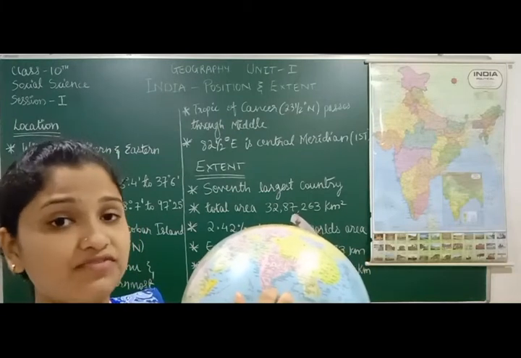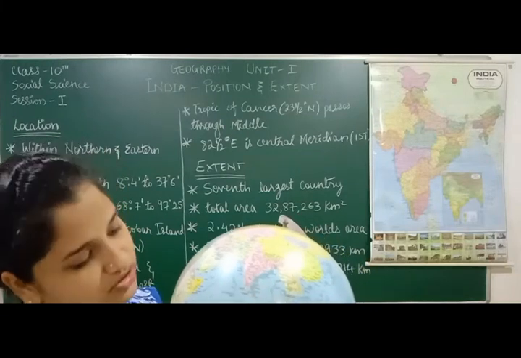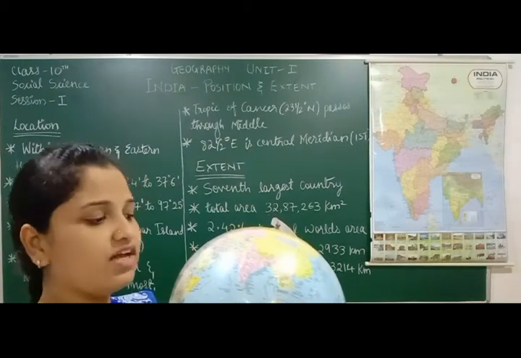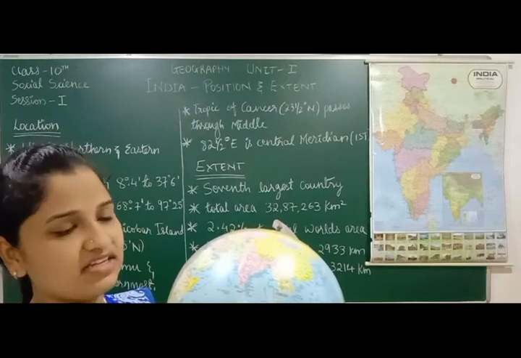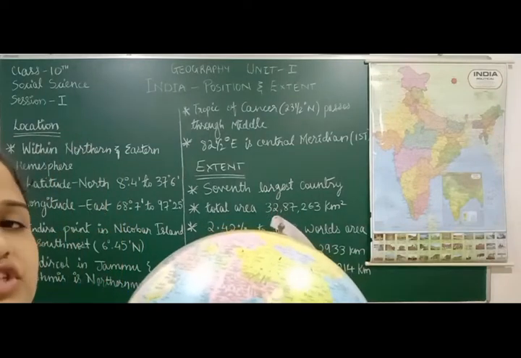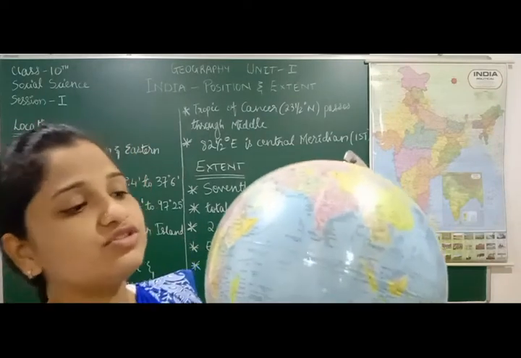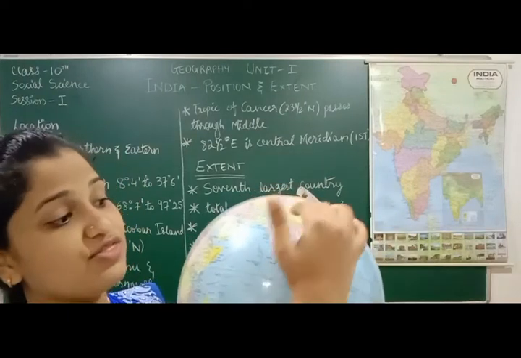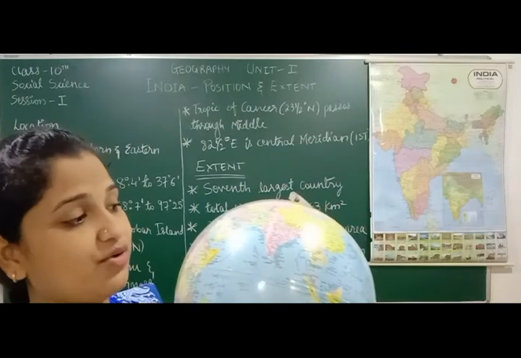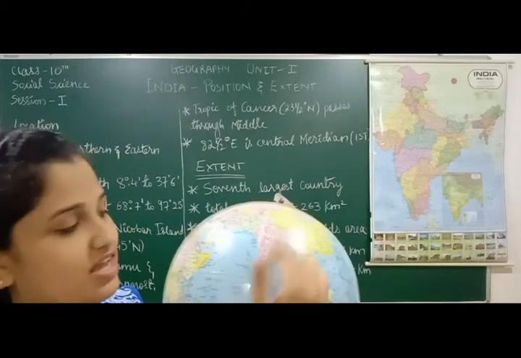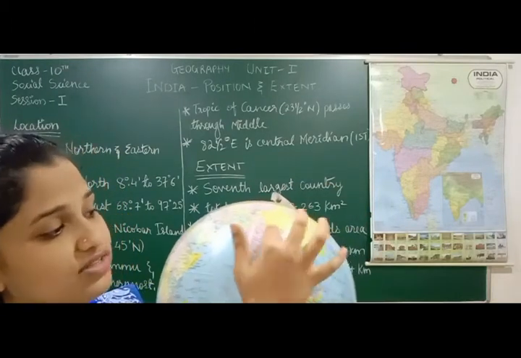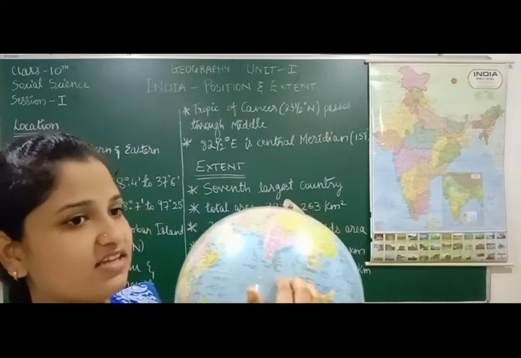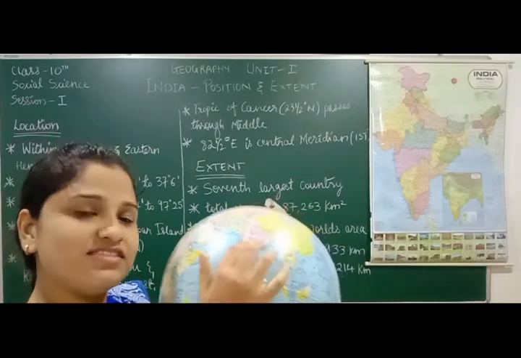So where are we? We are on the eastern side. Also, is it north or south? Are we in the northern hemisphere or the southern hemisphere? See, if you pay attention, this is the line here which divides the world into two hemispheres. So India is lying in the northern hemisphere, and also the eastern hemisphere.